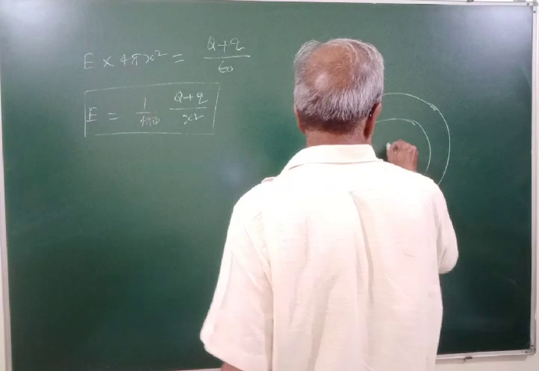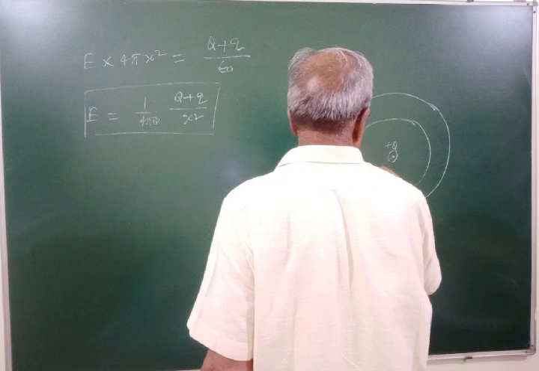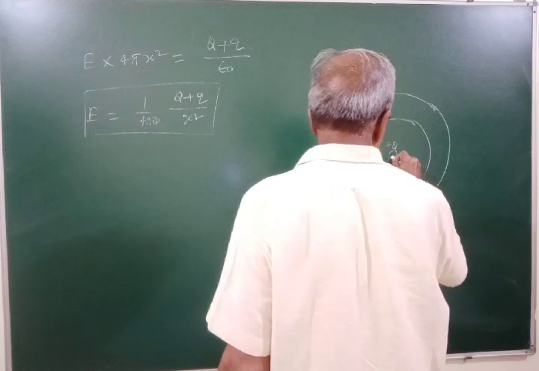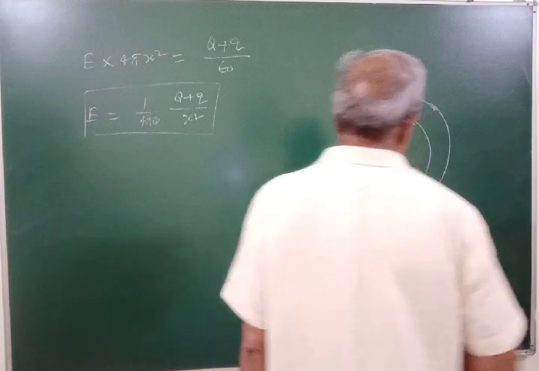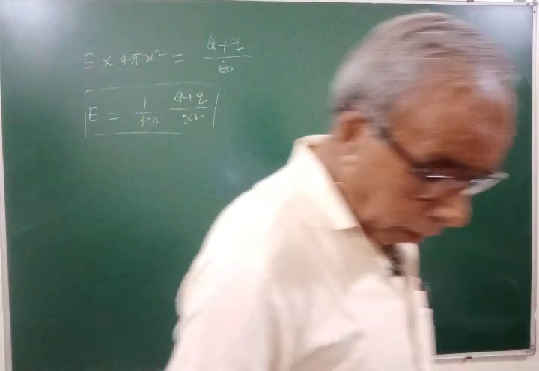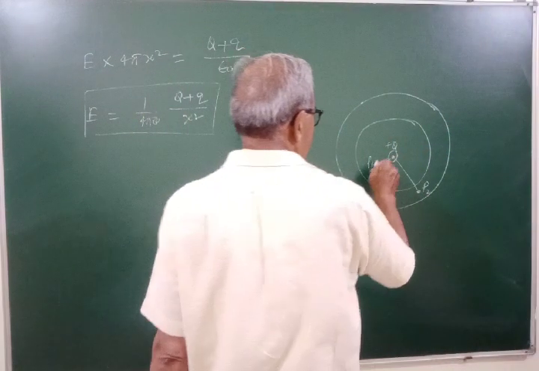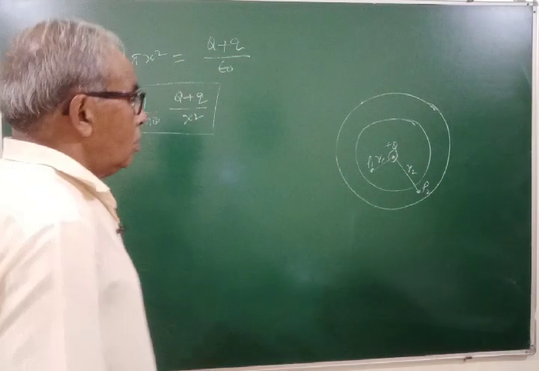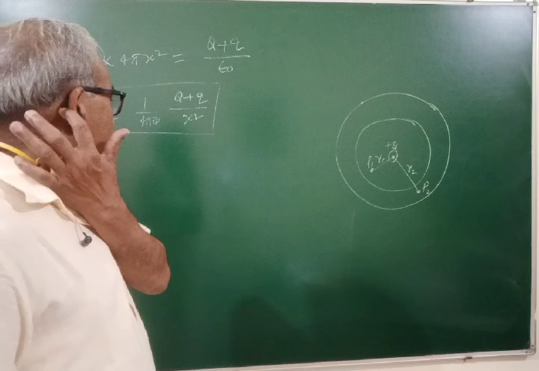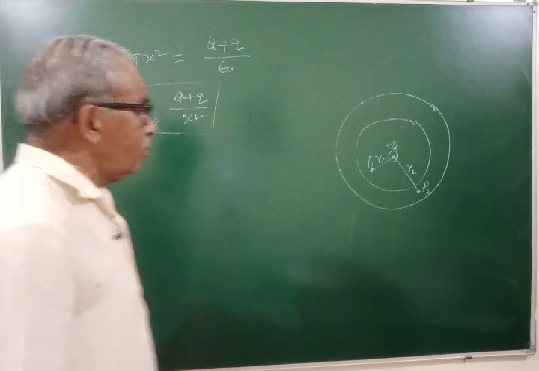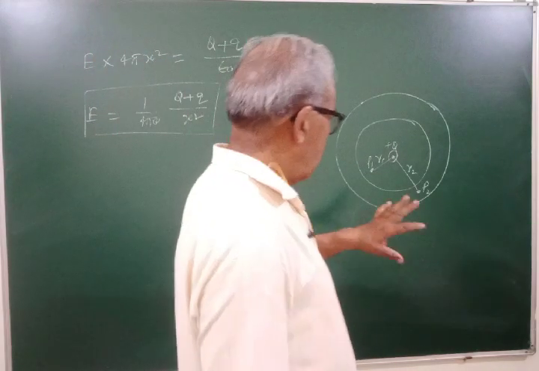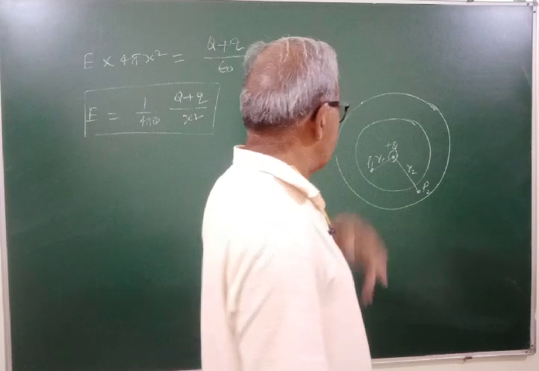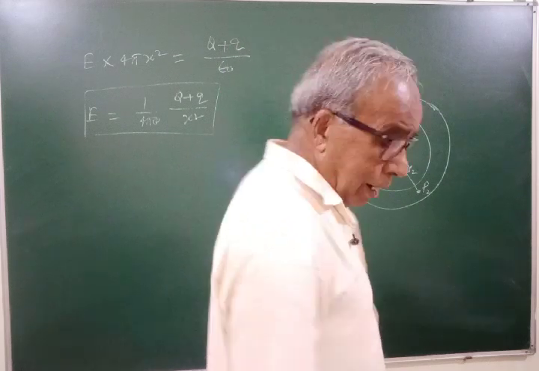Find the electric field at point P1 and at P2. And how will the electric field be affected if the inside of this cavity is filled with some dielectric medium.